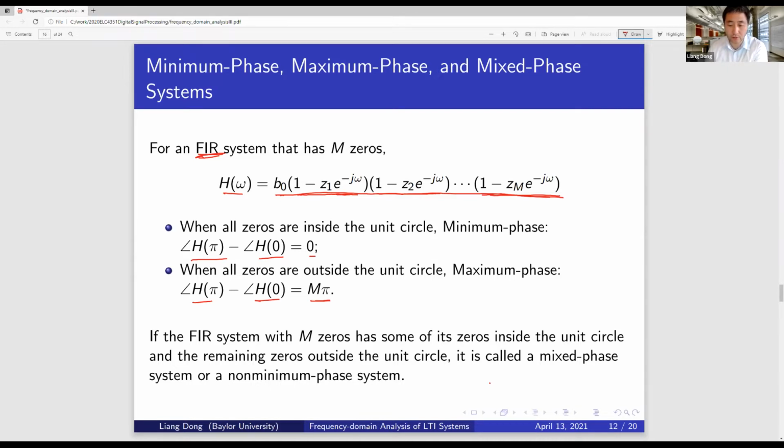So I will have 2 to the power m different FIR systems in terms of the placement of zeros. Subtract these two, one is the minimum phase, one is maximum phase. So altogether, I have that many different mixed systems, 2 to the power m, subtract 2. That's a lot. So the minimum phase and maximum phase are two unique cases.